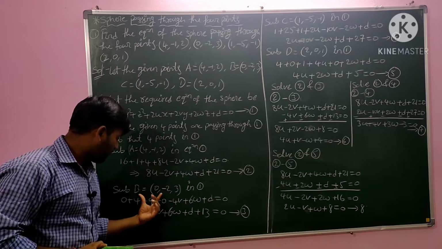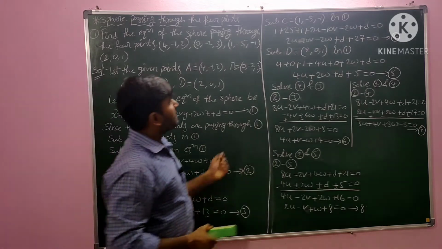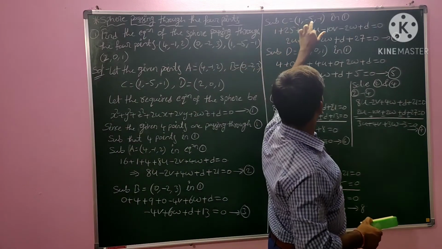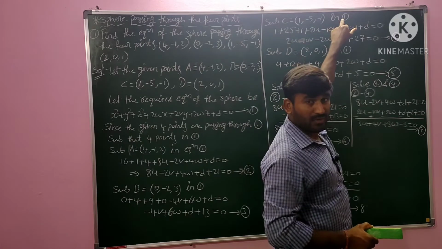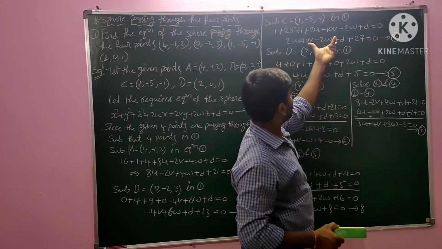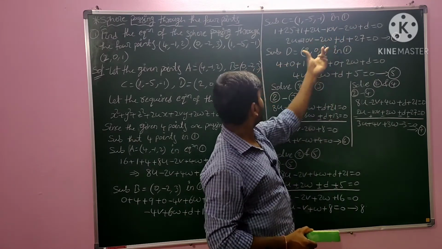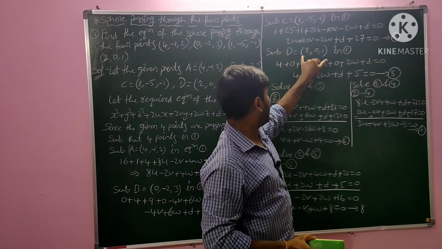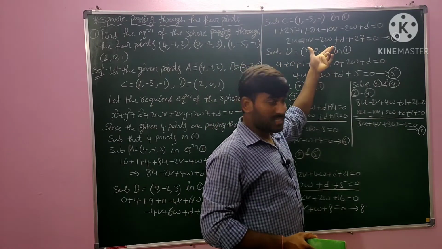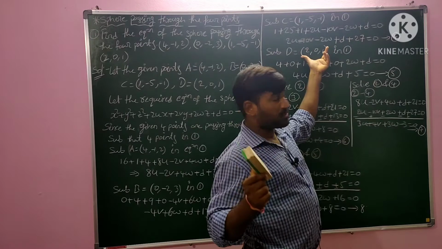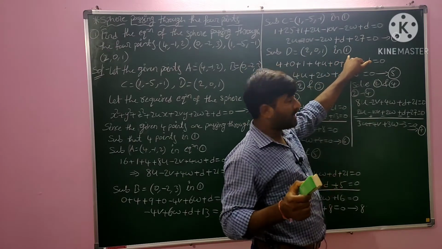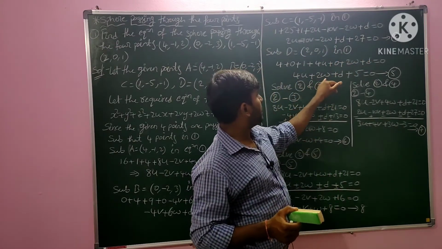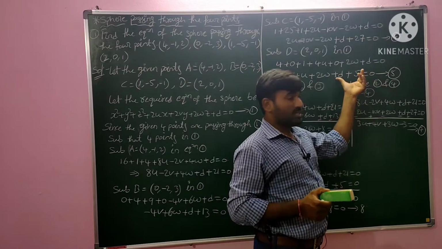Next, substitute C equal to (1, -5, -1) in equation number 1, you will get the fourth equation. And next, substitute D equal to (2, 0, 1) in the standard form of the sphere equation, that is equation number 1. Then what you will get? 4u plus 2w plus d plus 5 equal to 0.